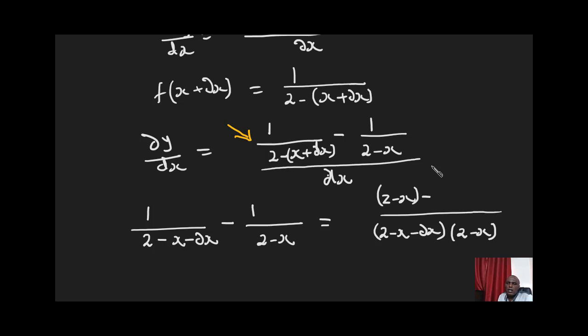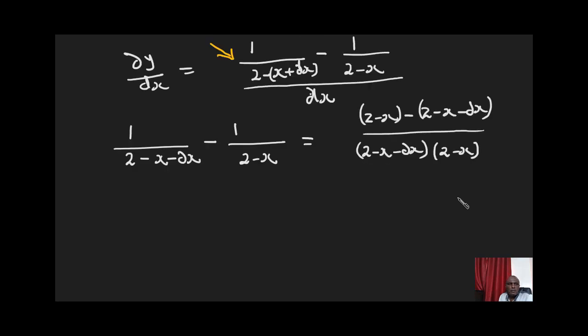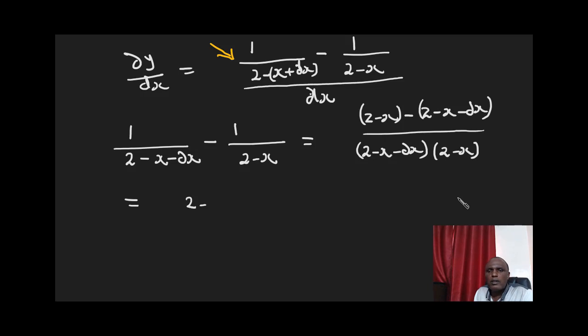Then divide by 2 minus x, you get 2 minus x minus dx.